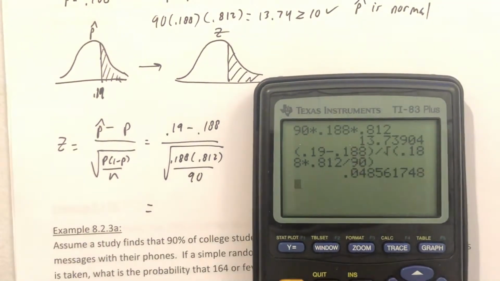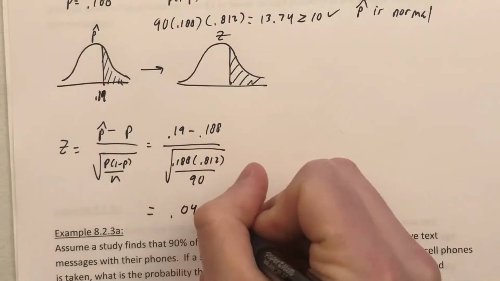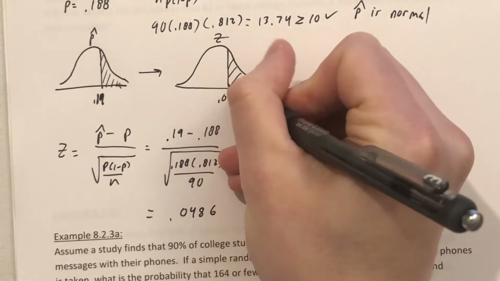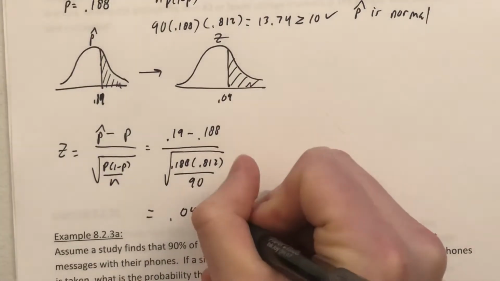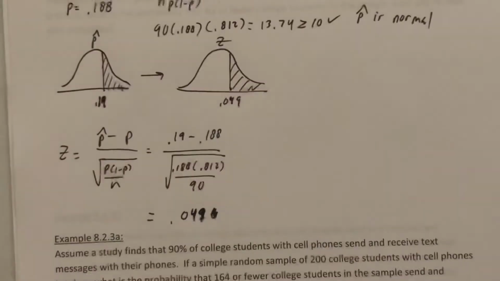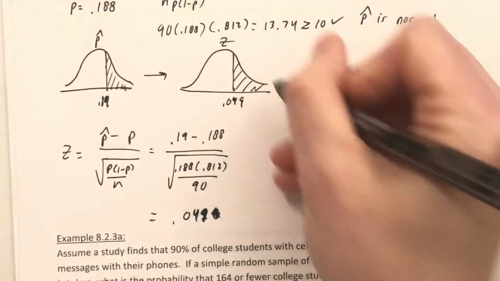But that value giving me 0.0486 if I round. So 0.04, actually, I apologize, I only want to take that 3. This is a z-score. 0.049, so 0.049 as the z-score for that boundary.